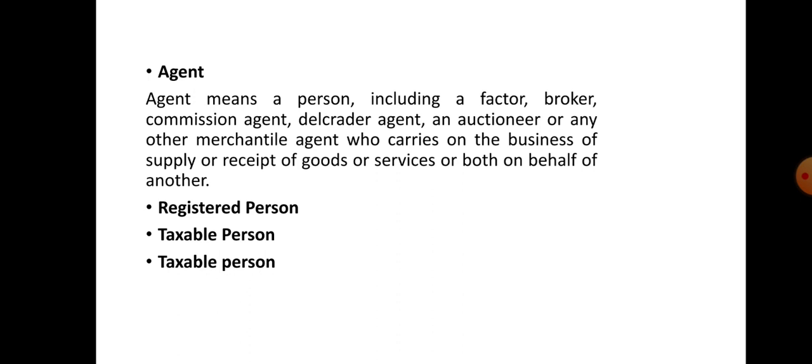A factor, broker, commission agent, all this we study in accountancy when we solve problems in business. A broker works for commission, and so do del credere agents and auctioneers. Any other mercantile agent also carries on business on behalf of the supplier or the recipient of goods or services. Such a person we call an agent.